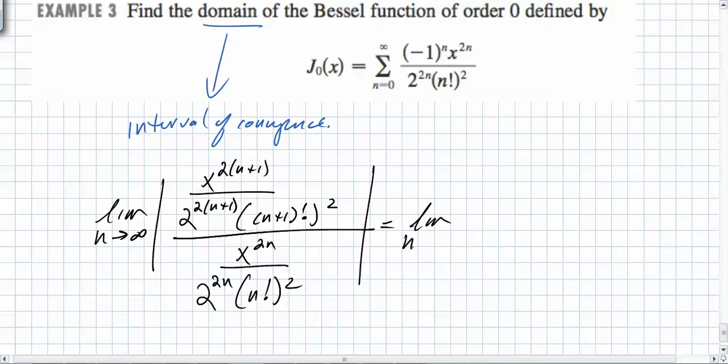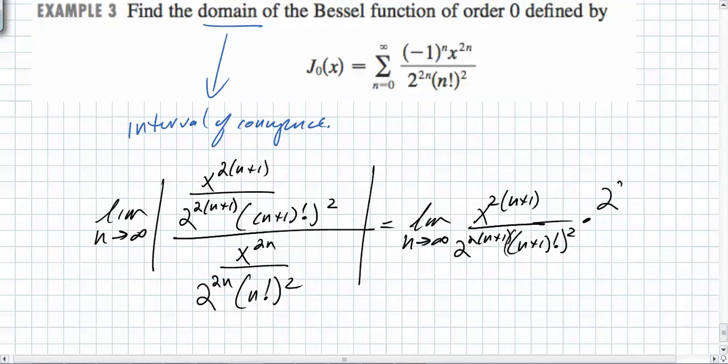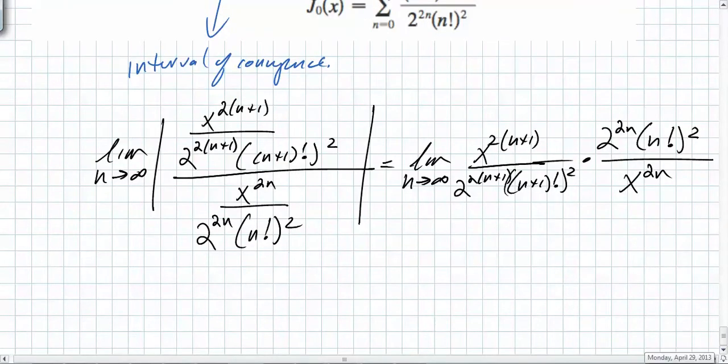So that's going to be the limit as n goes to infinity of, do you guys like writing this stuff out yet? No? I know, I'm the one writing it. (n plus 1) factorial squared, and what do we multiply that by? 2 to the 2n times n factorial squared, all over x to the what? 2n. So we have to be very careful about simplifying this.